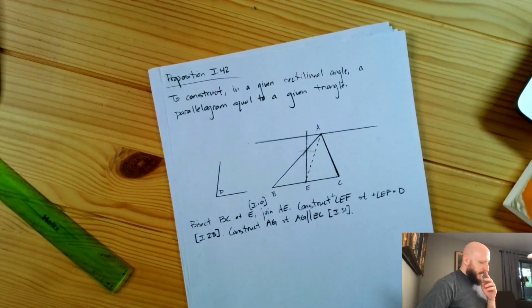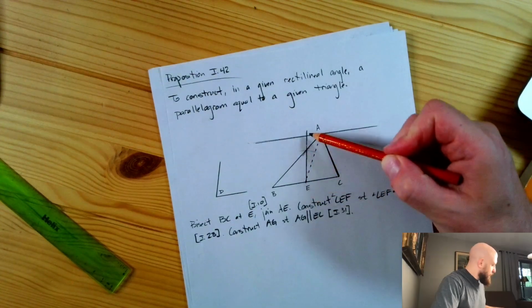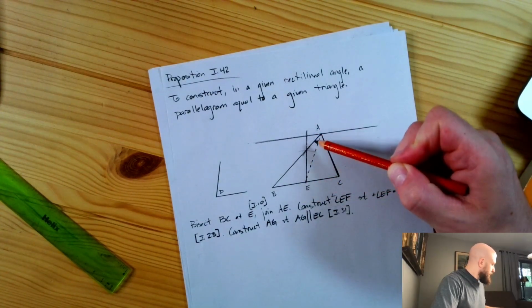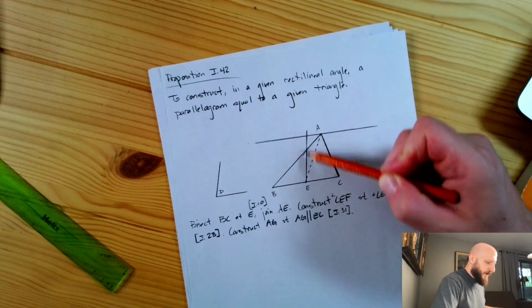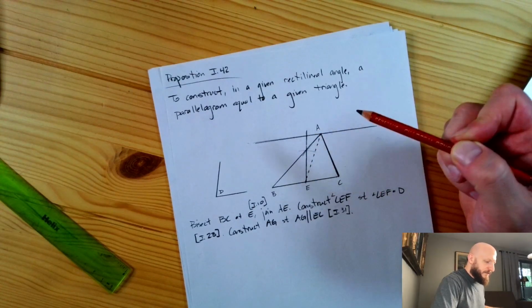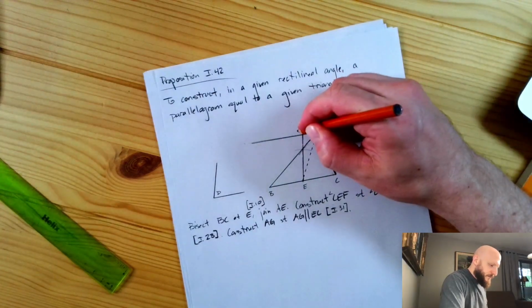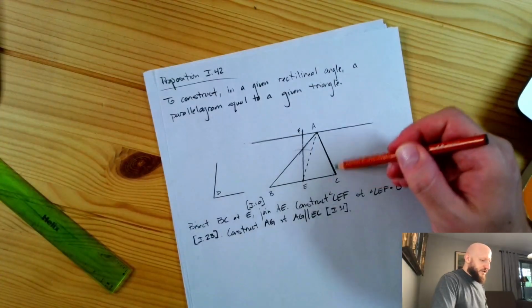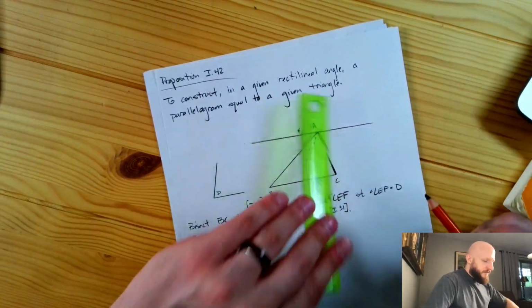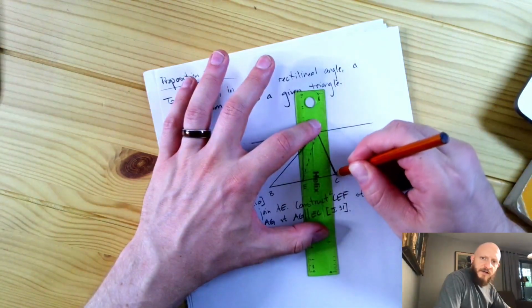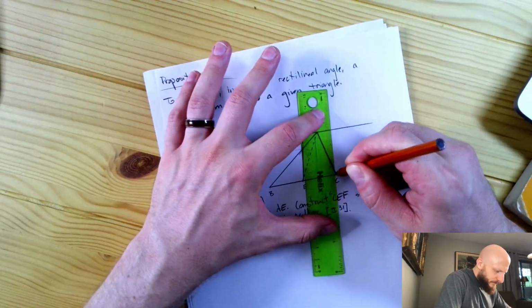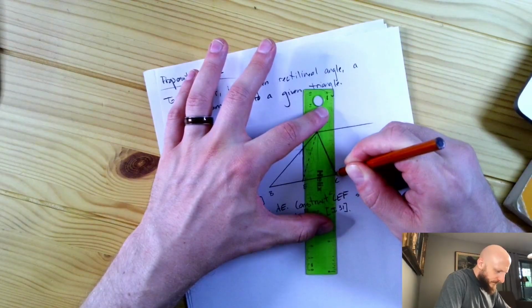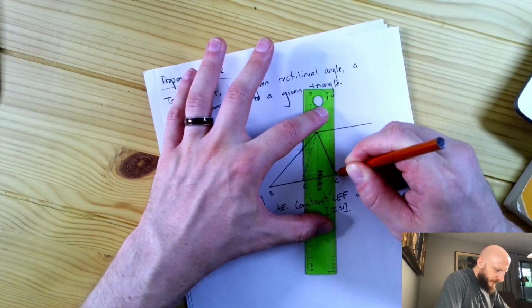Okay. And we're going to draw another parallel, as I recall, through C parallel to EF. So this is going to be F up here, I believe. So we're going to draw CG parallel to EF. And again, I'll just eyeball it. It's almost exactly the width of my ruler.